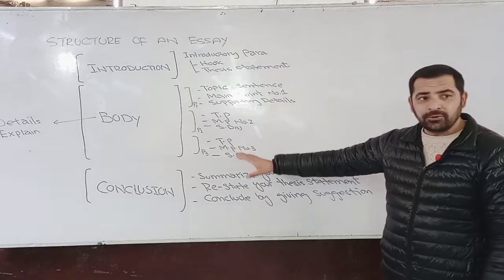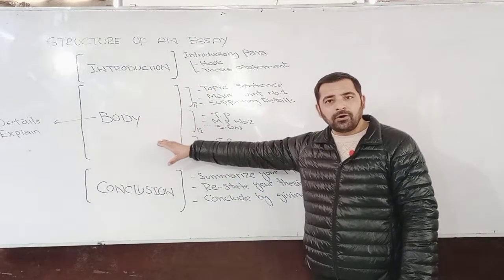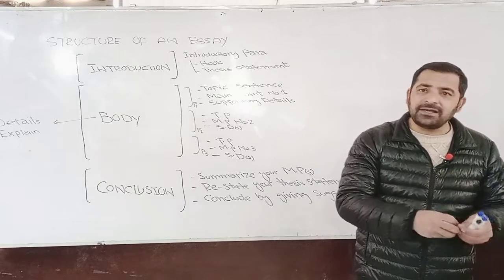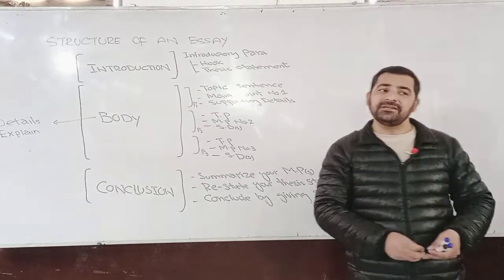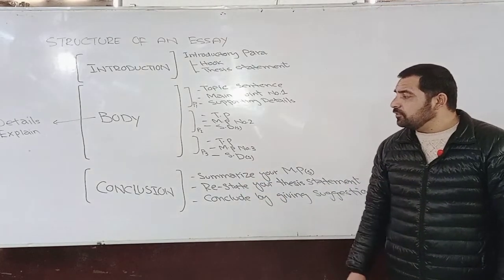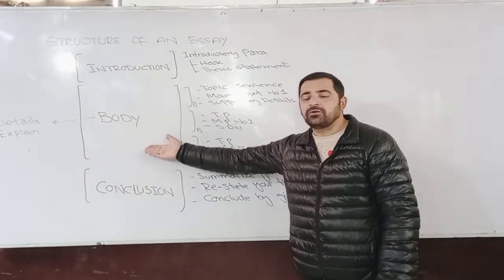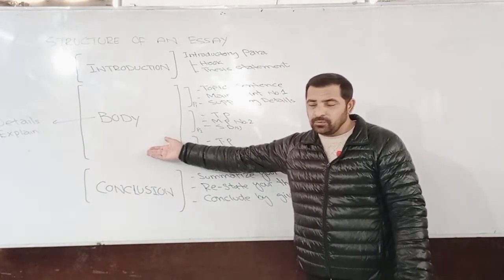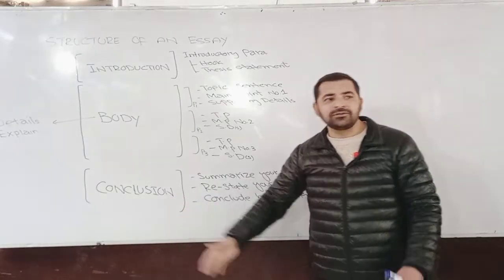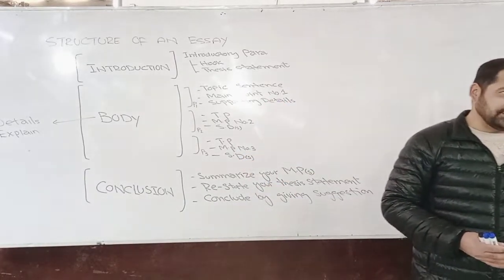The same goes for your essay. If you start with an introduction, you go with the body, but if you have not added a concluding para, it means that something is missing from your essay. Likewise, if you directly start with your topic, giving details about it, it means that you have started with the body, you have the conclusion, but no introduction. It means that something is missing from your essay.